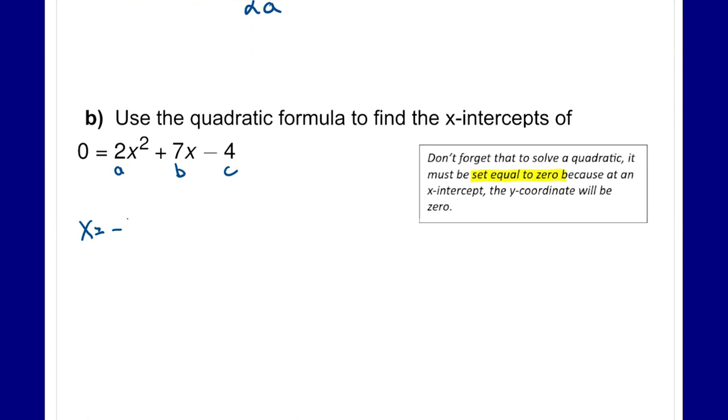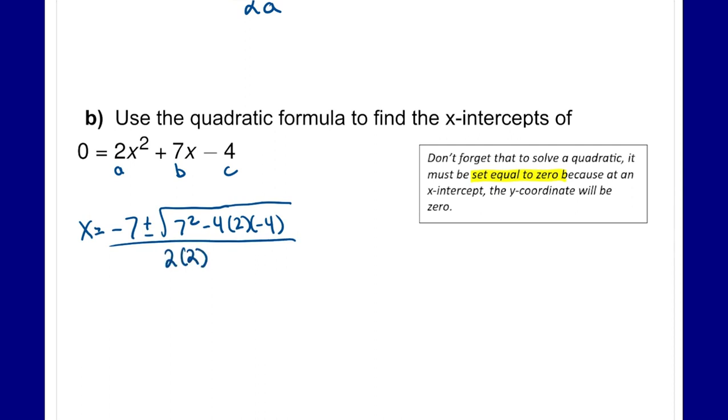So negative b, or negative 7, plus or minus the square root of 7 squared minus 4 times 2 times negative 4, all divided by 2 times a, or 2 times 2. X is equal to negative 7 plus or minus the square root of 49 plus 32.